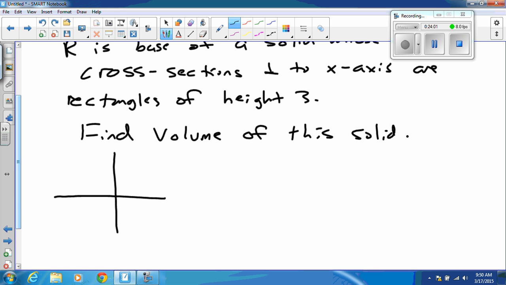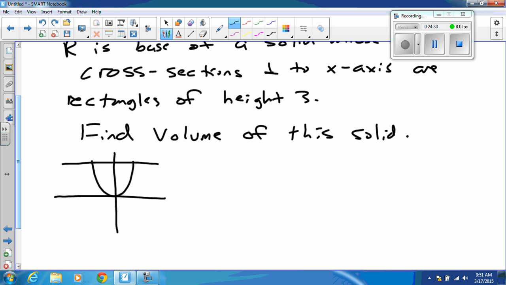So how is this going to go? If I were being clever and in a hurry, how might I find the volume of this solid? Because it has the constant height all the way throughout. Multiply the area by 3. So we suspect that when we work this problem in the method that we've been using, we'll end up with 3 times the area of it.